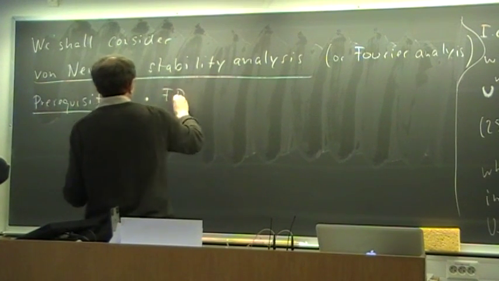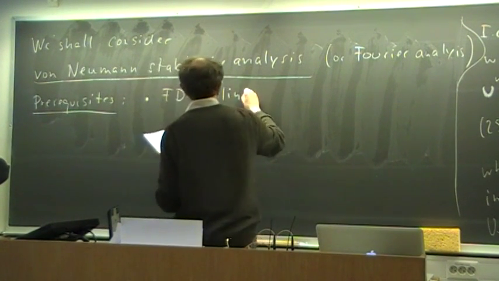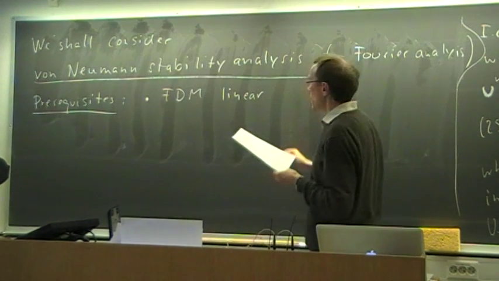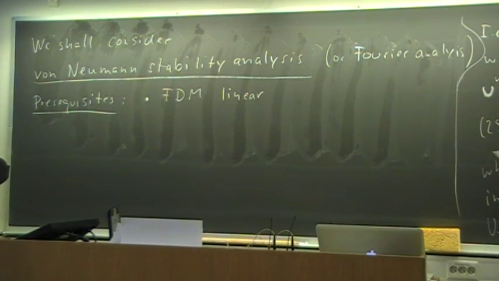The finite difference method should be linear. Of course, when we are relying here on Fourier modes, we need really that everything must be linear. So to start with, the PDE should be linear. But there we can do the trick that we can linearize it.